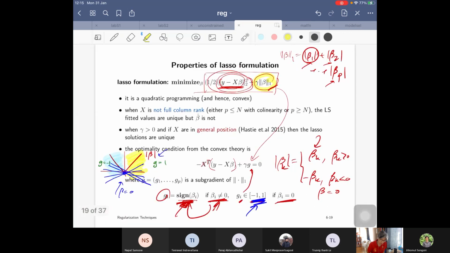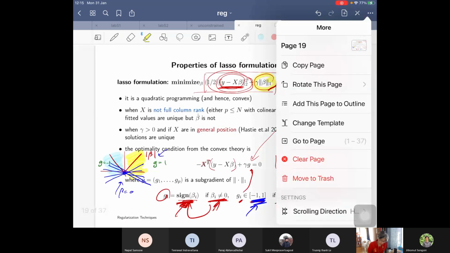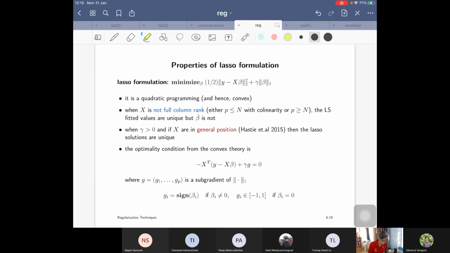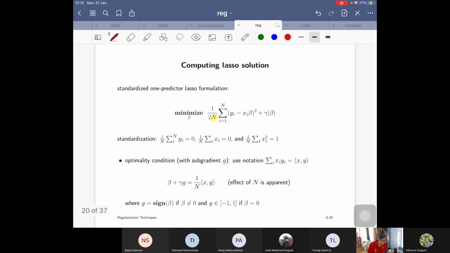That doesn't change the problem in terms of optimization, though the corresponding gamma would be a little bit different.